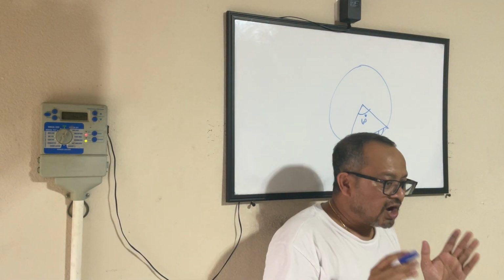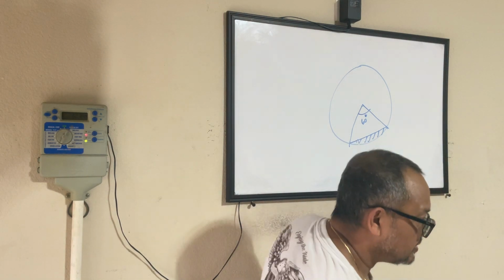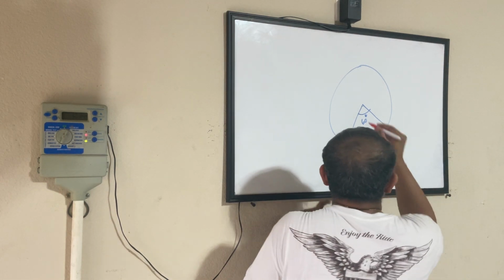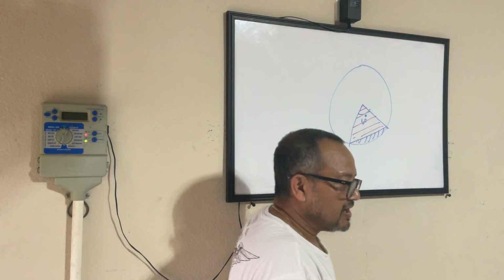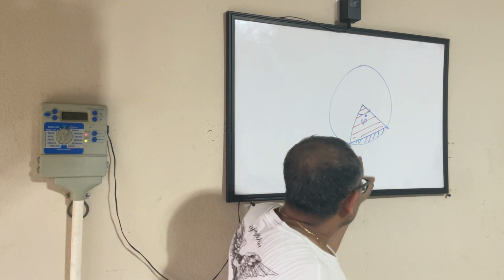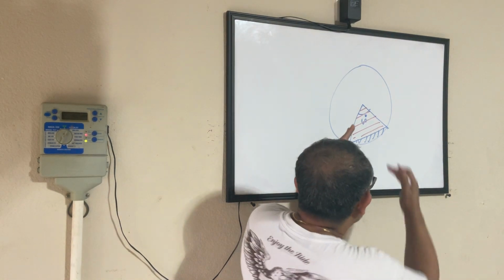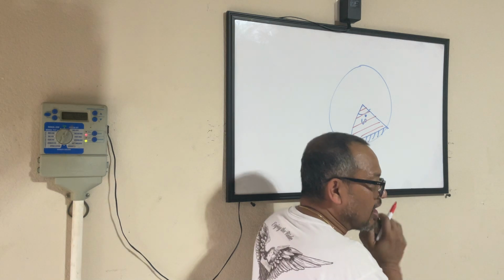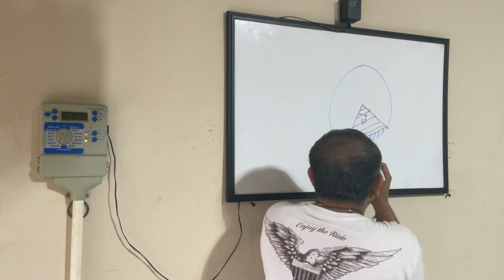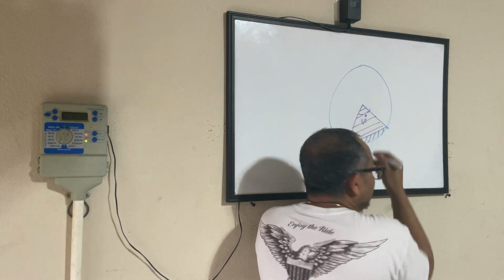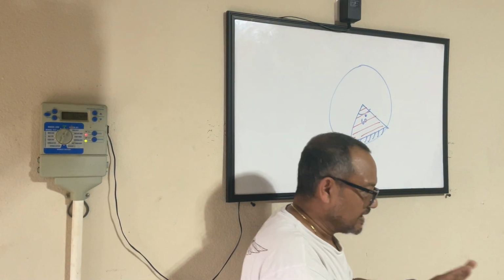By now we have learned how to find the area of a sector, meaning red and blue together. But this time we are talking about finding the area of the blue part alone. So we know red plus blue, or how to calculate it. Once we find that, and from that I delete the red part, I will get the area of the segment. Right? That is what we are trying to find.